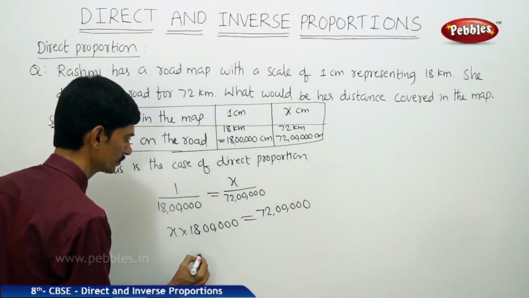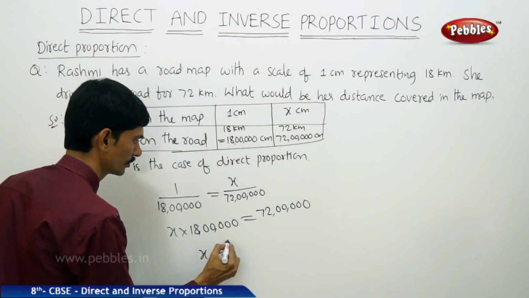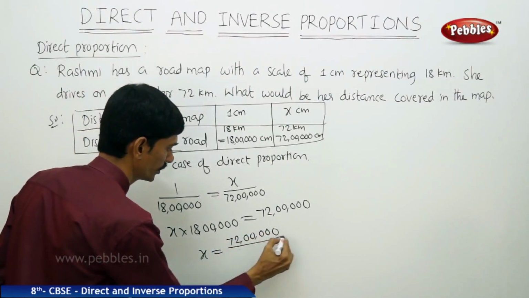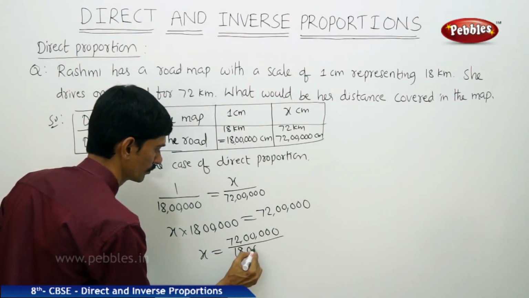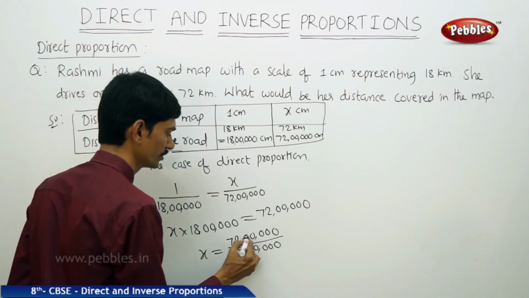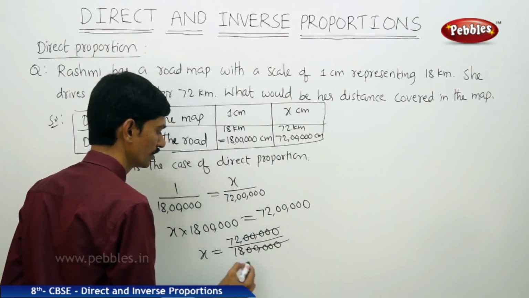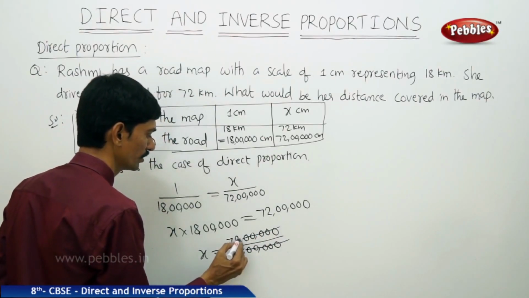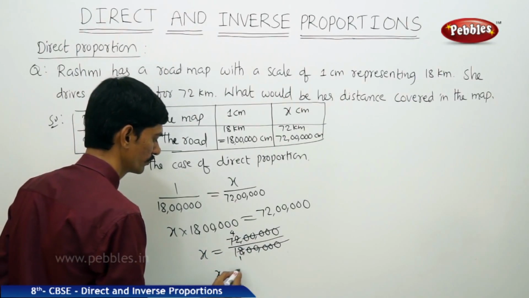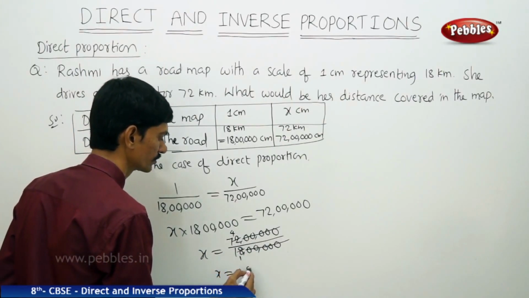Then x equals 72 lakhs by 18 lakhs. Here we can cancel the 5 zeros on both sides, and 18 ones are 18, 18 fours are 72. So x equals 4 centimeters.